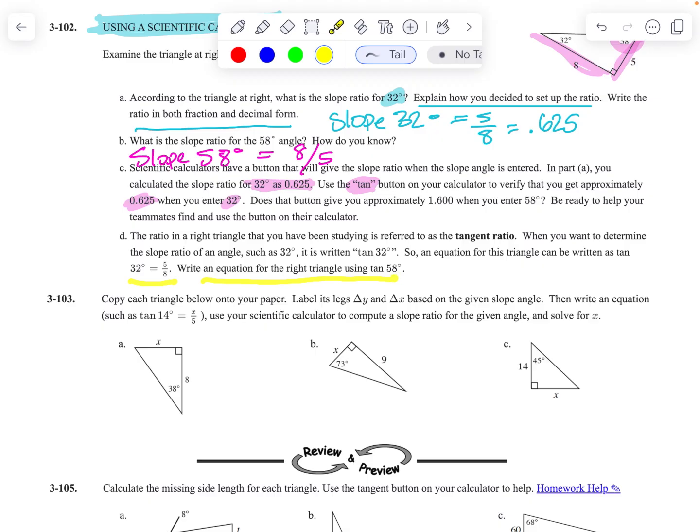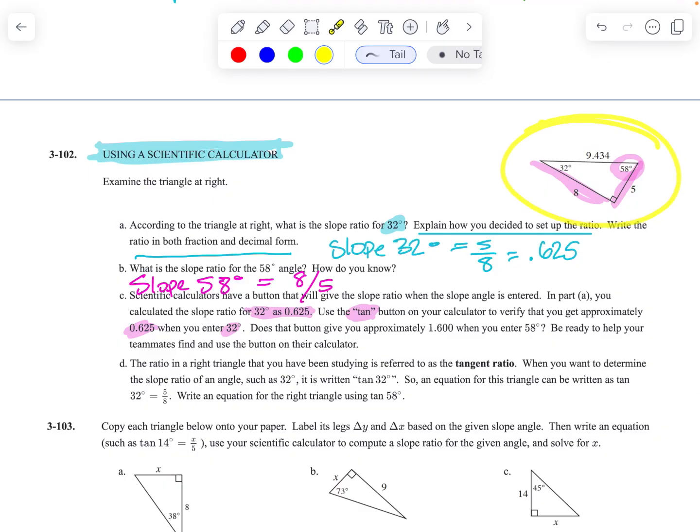Write an equation for the right triangle using tangent of 58 degrees. We are going to write down tangent of 58 degrees. The tangent is rise over run, so that's 8/5.